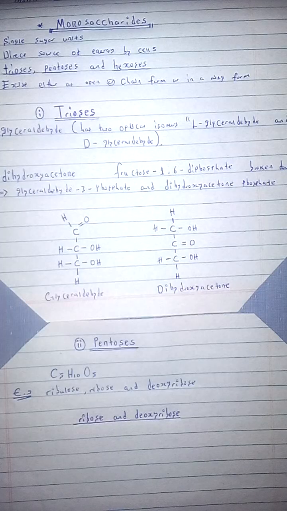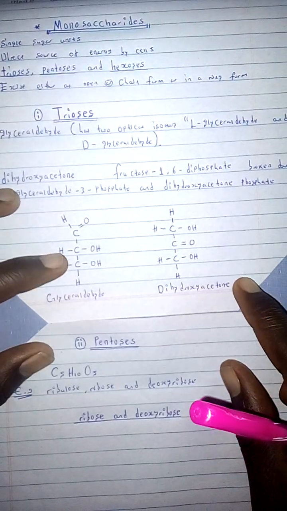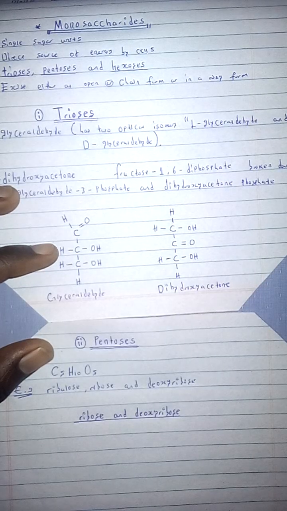Well, just like we have already said, these are 5 carbon sugars. They are part of the structure of nucleic acids, which are RNA and DNA.